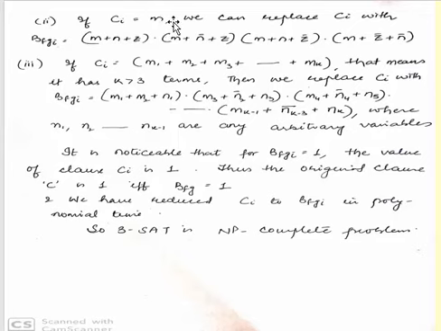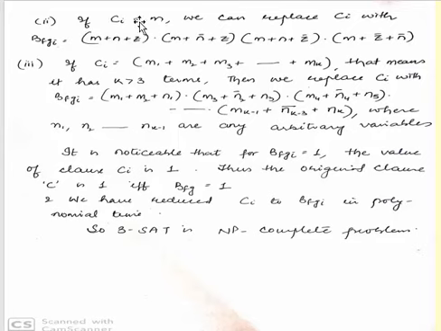That is, suppose Ci is equal to m. Now here, instead of m I can write m and n plus n bar. Then I will be getting m plus n and m plus n bar. Then again you can add that with z plus z bar. So you will be getting this formula: m plus n plus z and m plus n bar plus z, m plus n plus z bar and m plus n bar plus z bar.